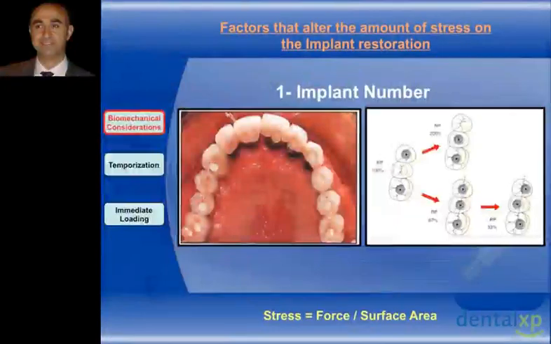While if we place a third implant in the middle by increasing the surface area, that is increasing the number of implants, and they are all splinted together, the amount of forces has reduced by 1/3. If you can see in this last figure here, they are the same 3 implants, but the middle implant is an offset implant. It's out of the straight set of these implants, creating what we call, and everybody knows, the tripoding configuration, and thereby this offset implant itself counteracts any rotating or tilting forces on this 3-unit bridge.